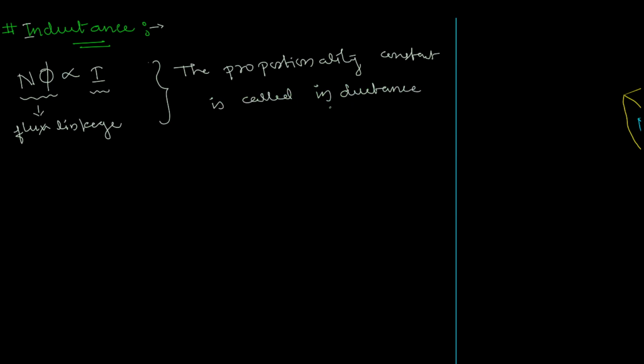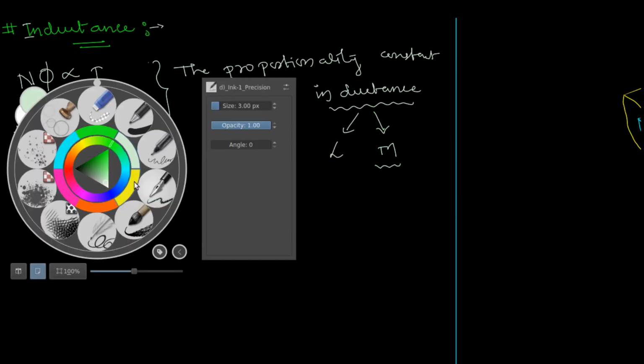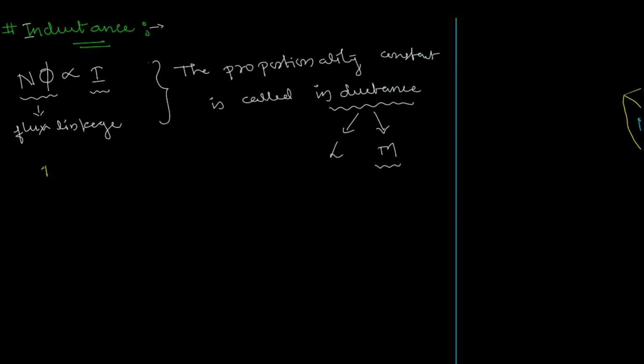Inductance, depending on the situation, is denoted either by the symbol L or by the symbol M. I'll talk about that in a minute. However, let's go with M for now. So if I rewrite that equation with the proportionality constant, it looks like N phi is equal to M I.